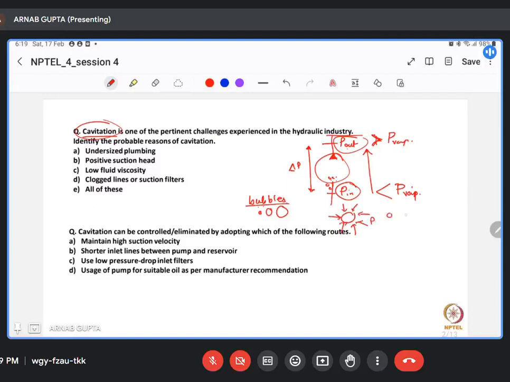Their volume tends to decrease, the molecules come close to each other, and at a particular point, the bubble implodes. Due to the implosion of the bubbles, there are shock waves or pressure waves that go and hit the impeller blades or the housing.